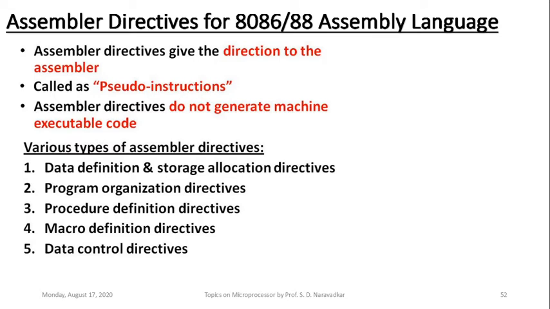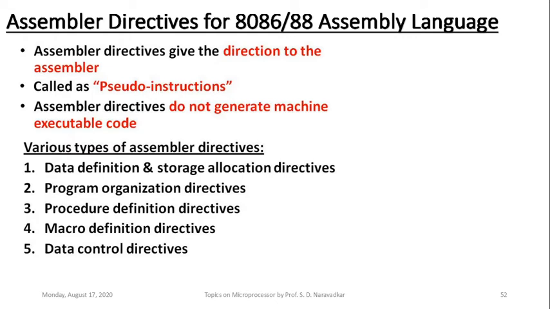Now here are the various types of assembler directives which are available in Intel's 8086 or 8088 assembly language programming. These assembler directives are categorized into 5 types: data definition and storage allocation directives, program organization, procedure definition, macro definition, and data control directives.